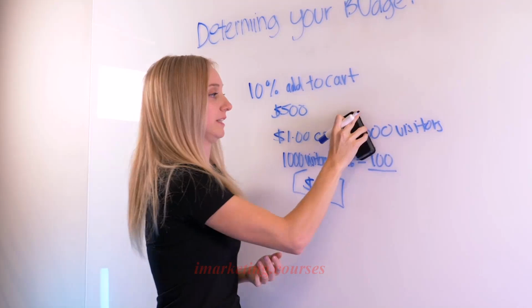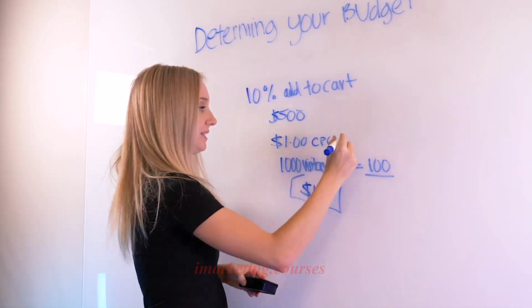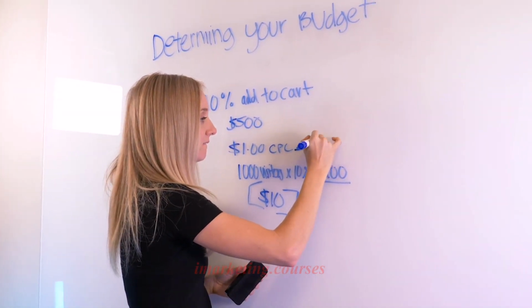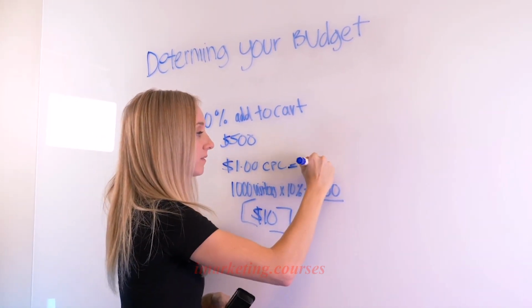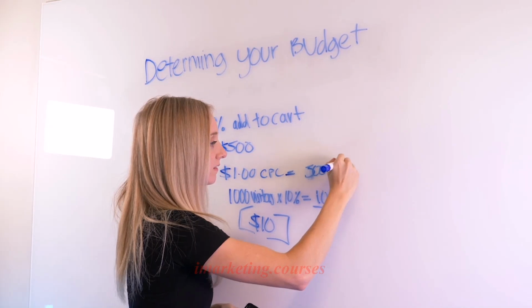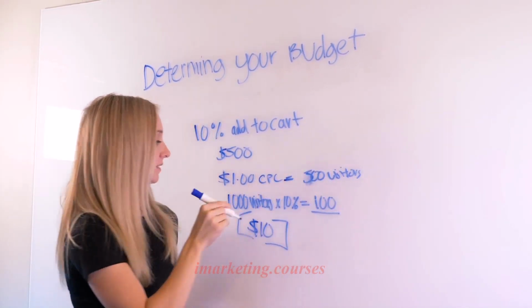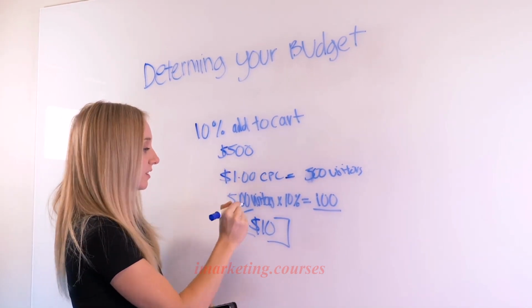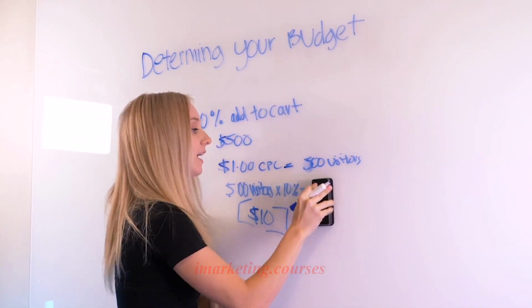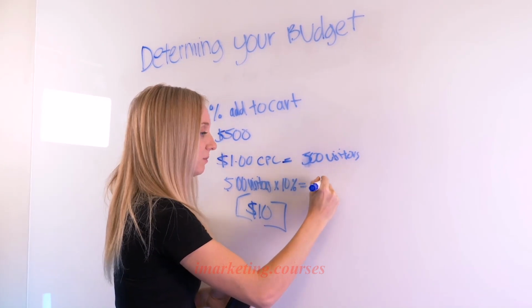which would result in, at a $1 CPC, 500 visitors to your site. And then from those 500 visitors, a 10% add to cart rate would mean that I'm getting to those 50 add to carts a week.